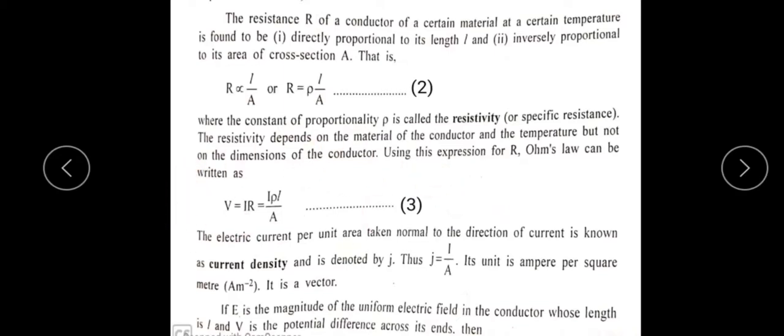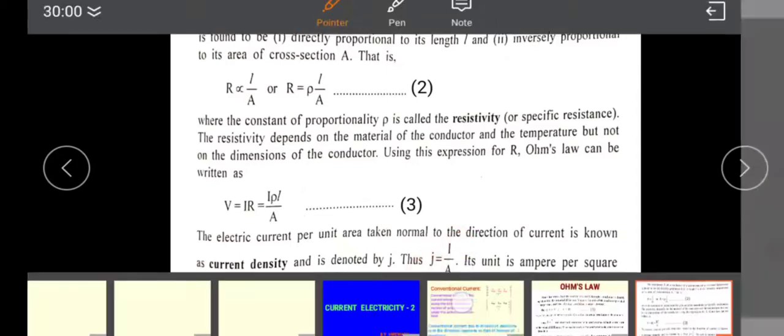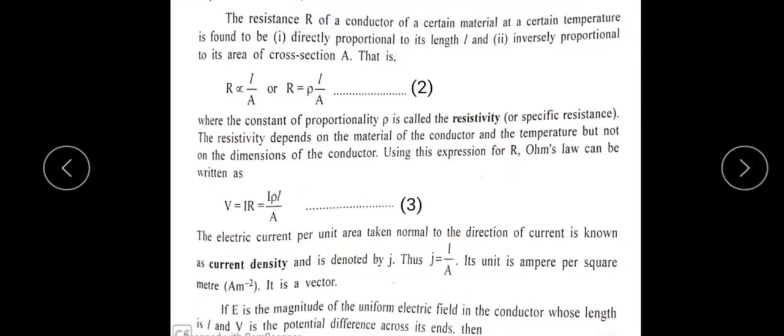There is one more important definition, that is current density, which is represented by the symbol J. According to this, J is equal to I divided by A. So current density is electric current per unit area, normal to the direction of current. This is the definition of current density.